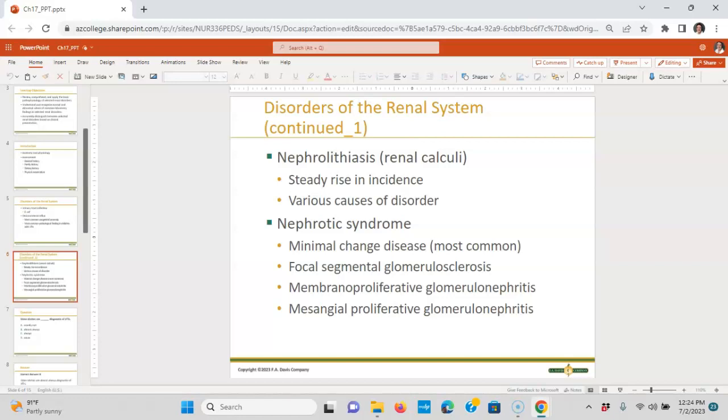This is between 2 and 5, and nephrotic syndrome is minimal change disease, mostly in the glomerular area. Nephrotic syndrome often occurs after an upper respiratory tract infection. So just so that you know that. Fluid leaks out of the cells.